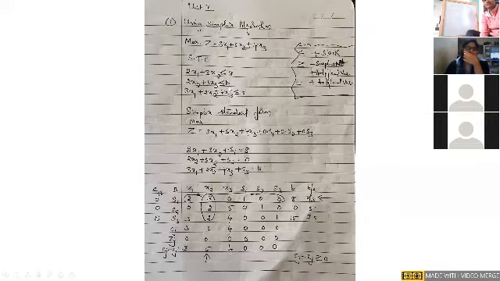So first equation, plus S1, second equation, plus S2, third equation, plus S3. So 3 slack variables are there. As per our previous rules, 3x1 plus 5x2 plus 4x3 plus 0 into S1 plus 0 into S2 plus 0 into S3 will be the maximization function.